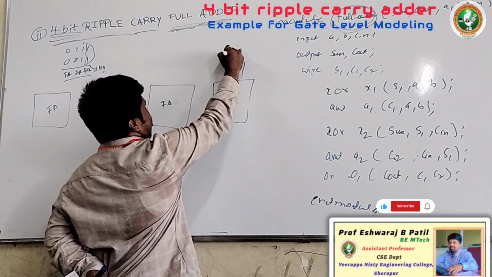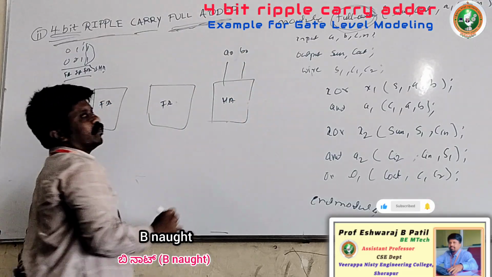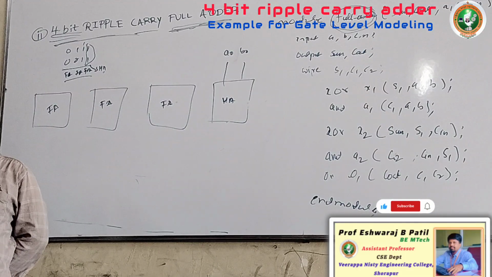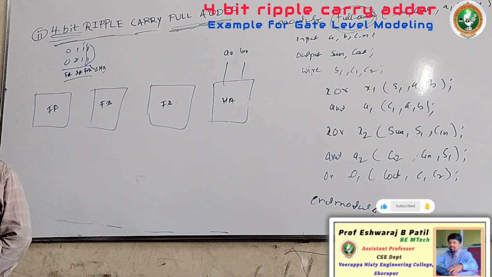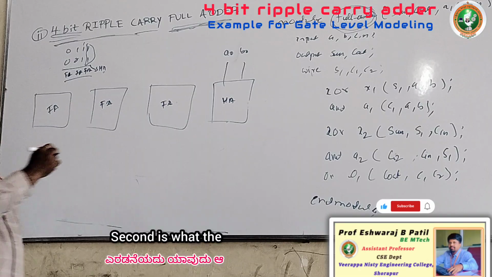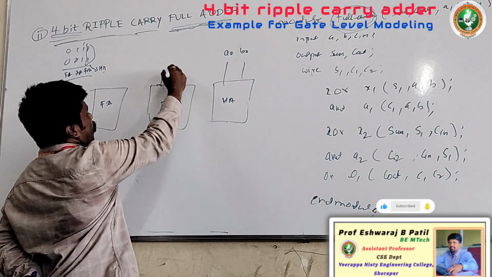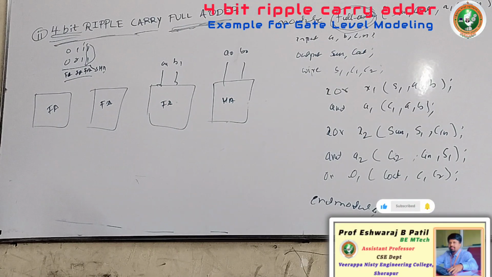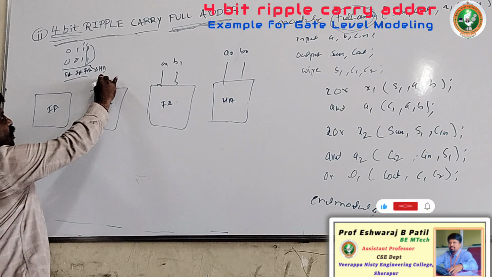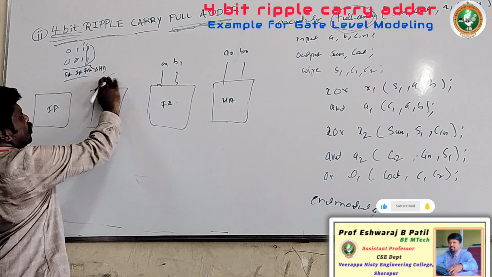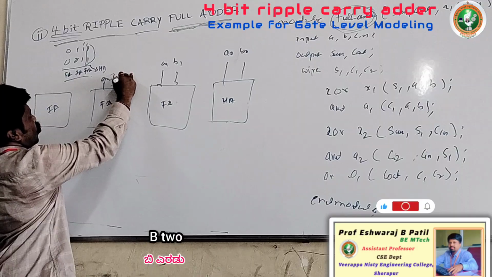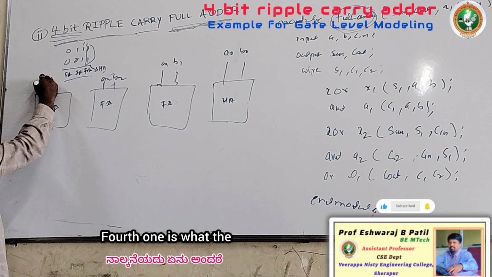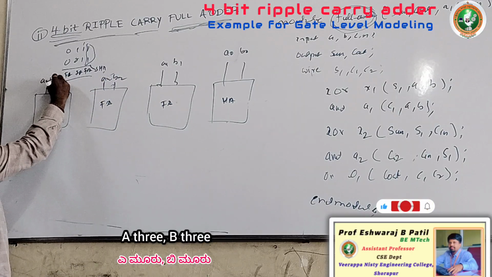What are the inputs? A0, B0. Second is A1, B1. Third is A2, B2. Fourth is A3, B3.